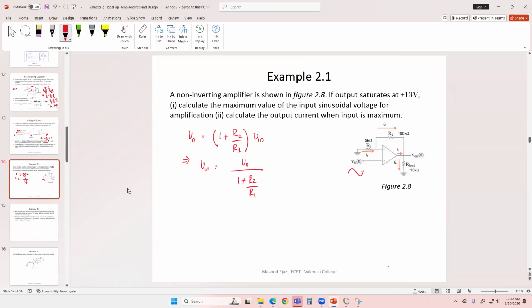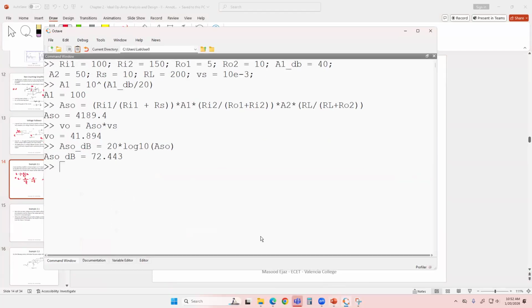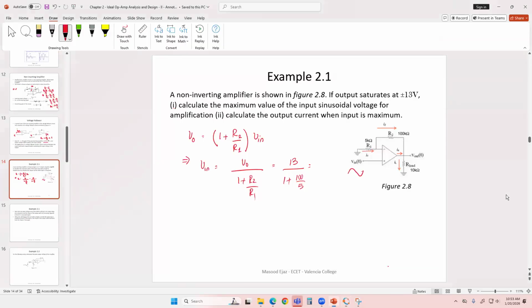Now, since the saturation happens at 13 volt, you can find the value of the input that will make the output go up to 13 volt. 1 plus R2 is 100K and then 5K, so 100 over 5. 13 over 1 plus 100 over 5 is 0.619, or 619 millivolt.